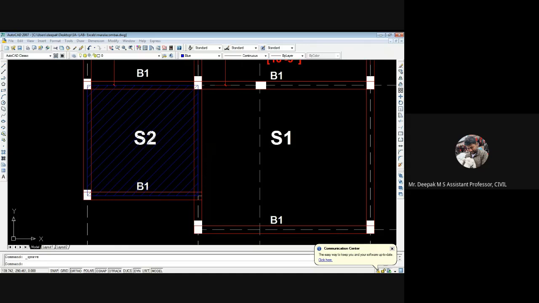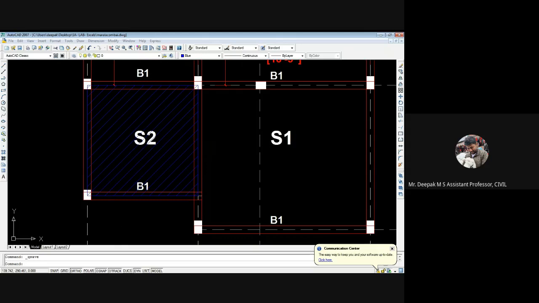Now, adopt 120 mm. And all these values shown in red should be provided by ourselves. Okay. Now, we are providing a nominal cover of 20 mm, and the effective depth of the slab is 100 mm.